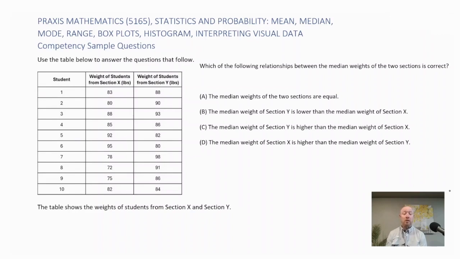All right, so when we're dealing with median, we're looking for the number that's in the middle, all right? And you have to have the numbers in order from least to greatest. Okay, so I'm going to start with Section X, and we're going to start putting these in order from least to greatest.